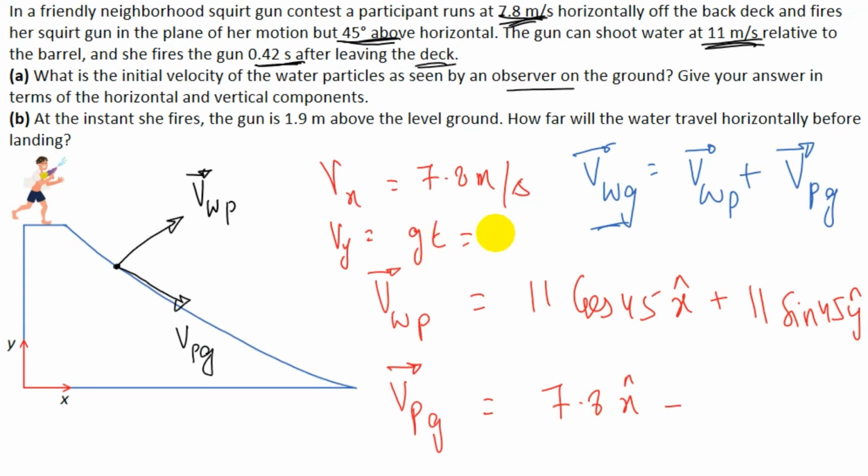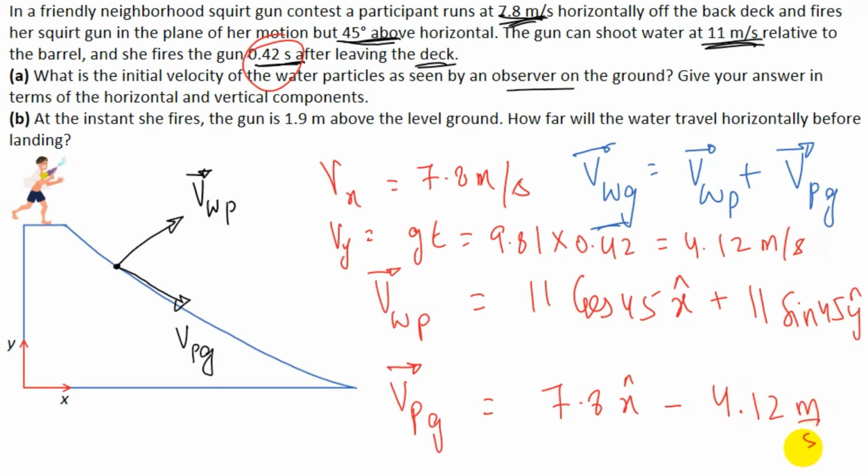Now g, we know its standard value 9.81 and time is given to be 0.42 seconds, because after that much time she fires the gun. So this g will be multiplied with 0.42, which is equal to 4.12 meter per second. So this would be minus 4.12 meter per second y cap.